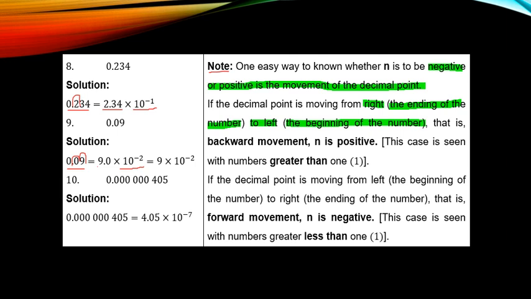So when the point is moving from right to left, that is backward movement, n is positive. So when you are moving backward, you start from right to left. In that case, n is positive. This case is seen with numbers greater than 1.